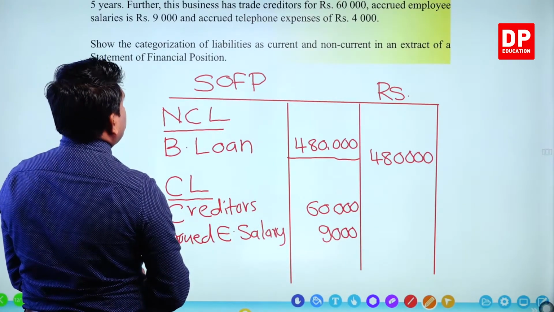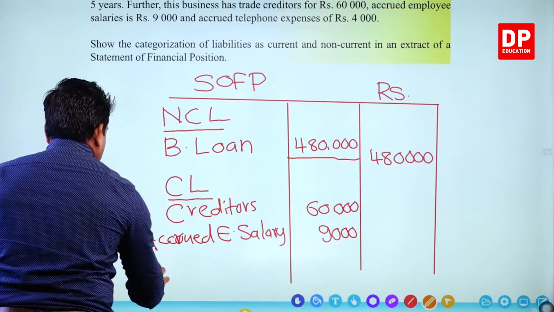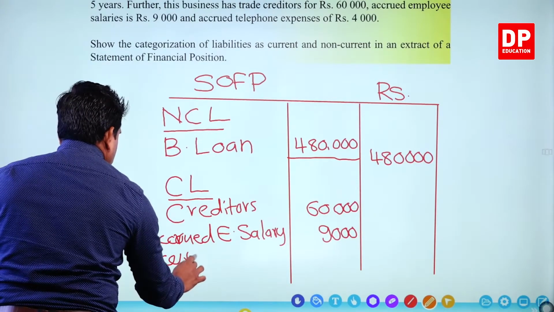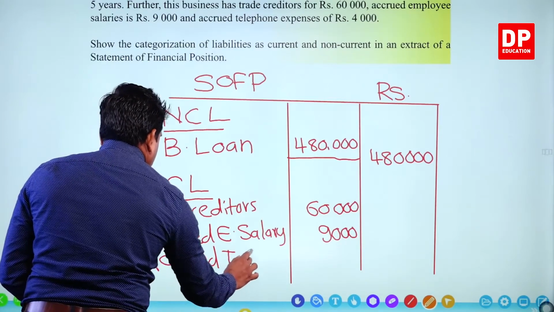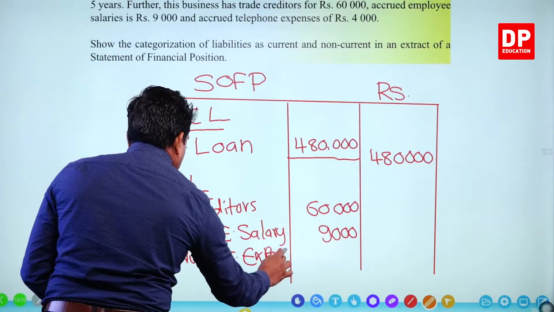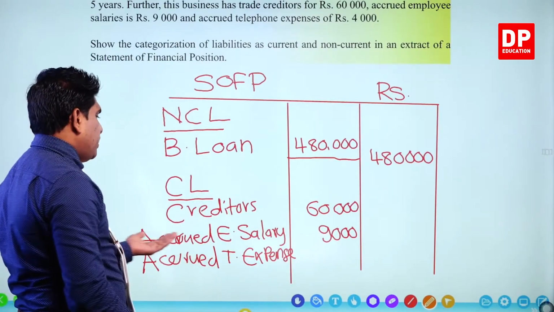Then accrued telephone expense. Actually, this is payable telephone expense, payable employee salary.